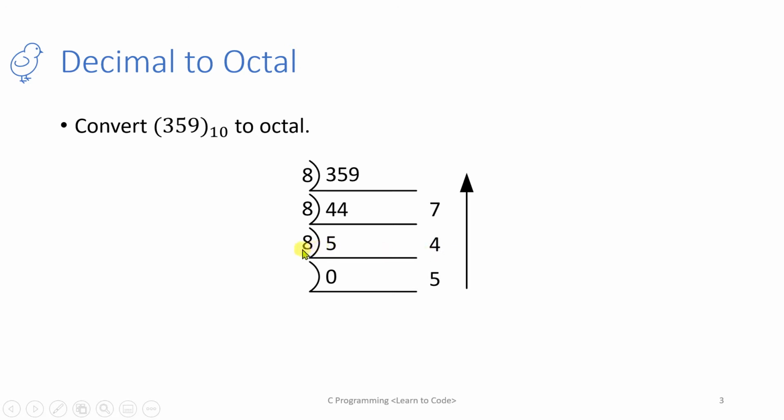Then 5 divided by 8, that is 8 zeros are 0, and the remainder is 5. When this value becomes 0, then your division stops. After doing that, you should collect the numbers from bottom to top, and that is the result of the question. So now see, hence the result will be 359 in base 10 becomes 547 in base 8. Okay.